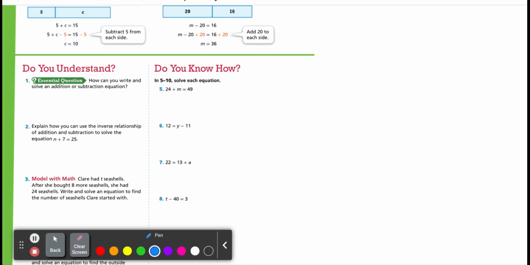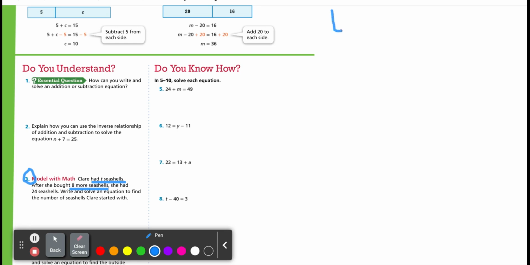Okay, last question I want us to look at is number 3 here. Number 3 says that Claire had T seashells. After she bought 8 more seashells, she had 24 shells. Write and solve an equation to find the number of seashells Claire started with. So Claire had T seashells.